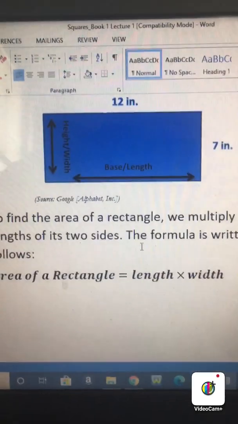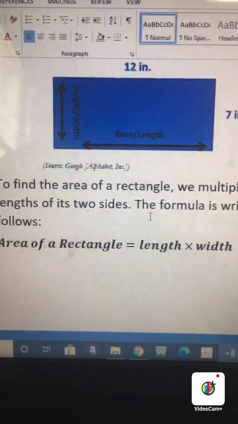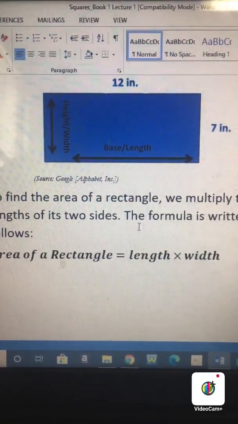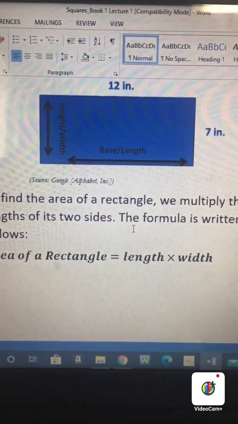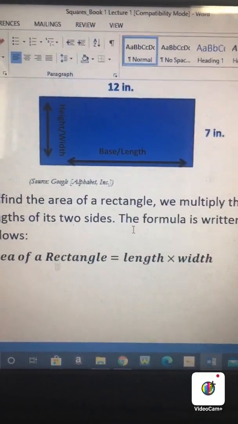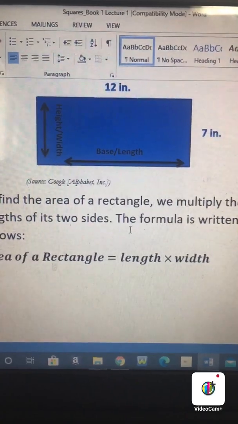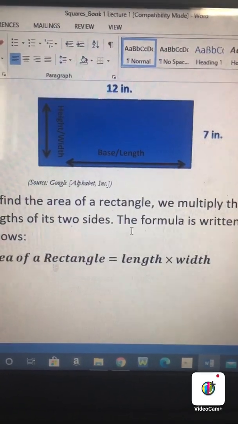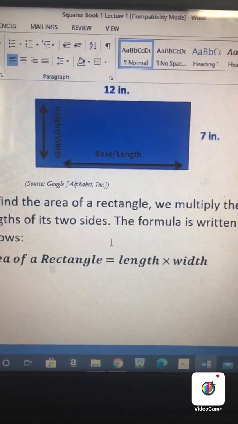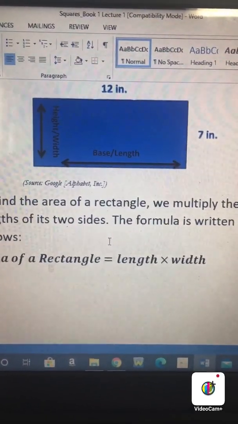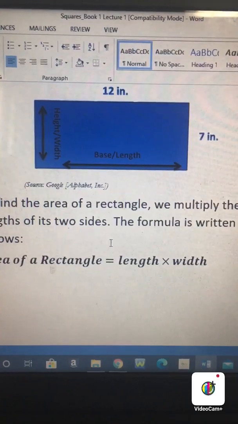I will write it on paper so that you can see the steps. For many years teaching maths, I discovered that students understand it better when they see you actually do it. So that's why I'm gonna work this on paper so you can see the steps for finding the area of a rectangle.